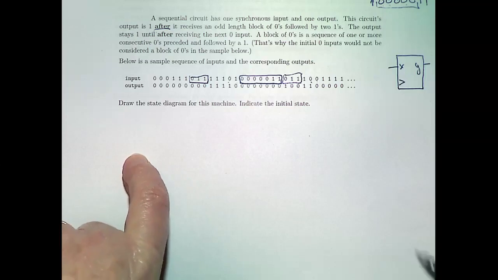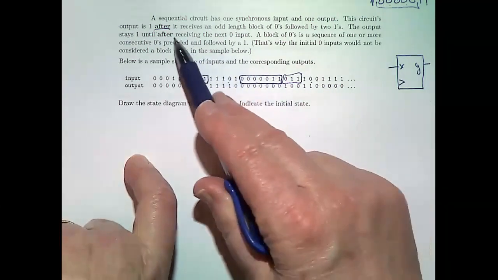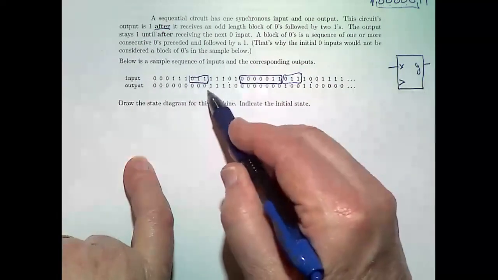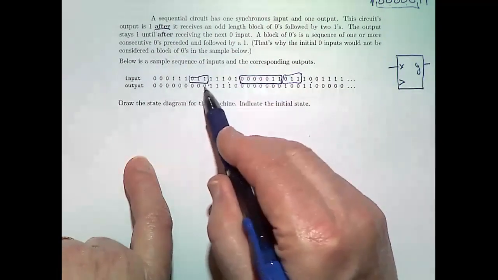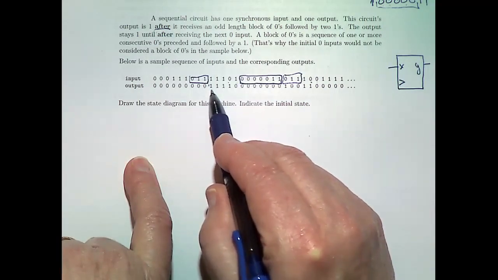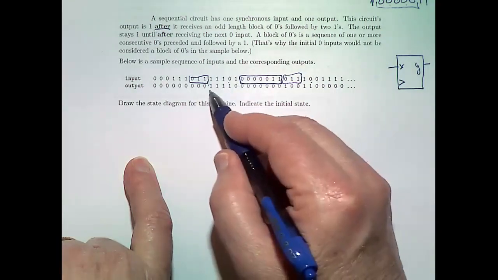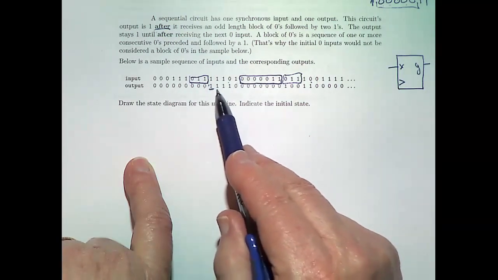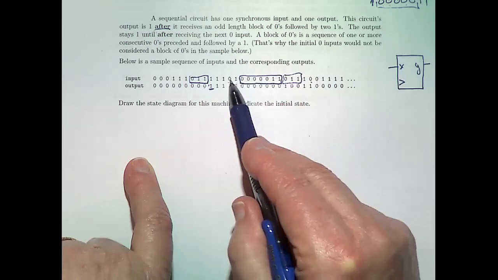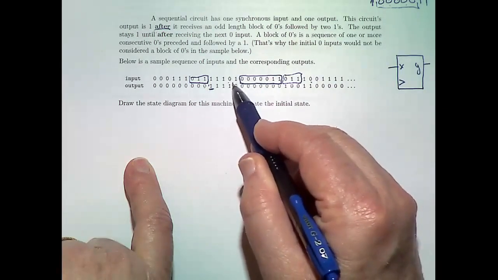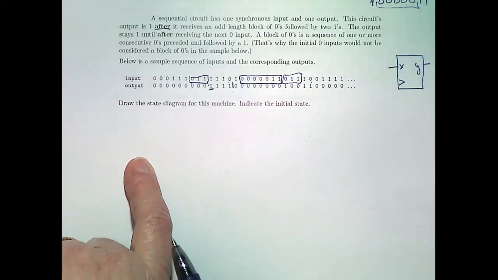And now it says the output should go high until after the next 0 input. Notice that it said after, so it's not going to happen on this same clock edge. It's going to happen the following clock edge. So we went high here because we had a 0 and then 2 ones, and we stayed high until after this 0.